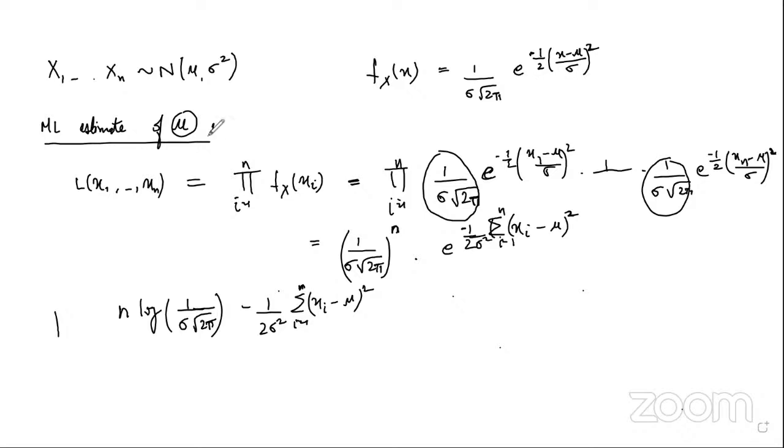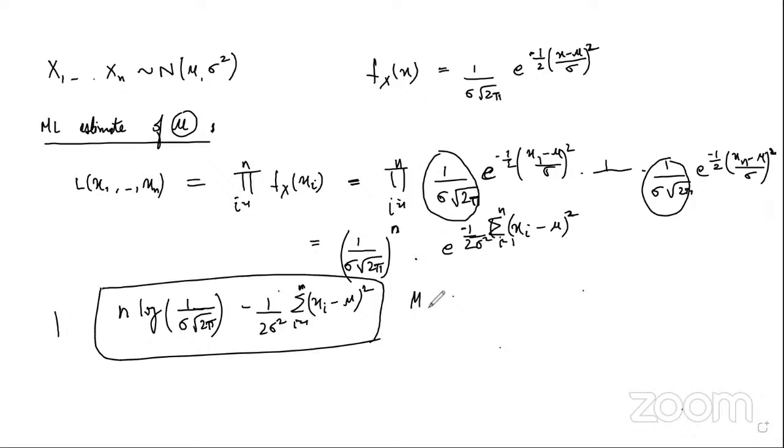Now we have to find the ML estimate of mu. In this case, we have two parameters, one is mu and another is sigma square. So how will you differentiate? Anyone?